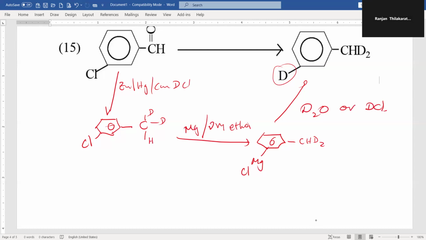This is called the hydrolysis process. The hydrolysis step can be skipped; in a way, they can be combined. First step, you add magnesium in dry ether. In the second step, you can add D2O. Then you will get this product. That means there is no need to show that in separate steps.